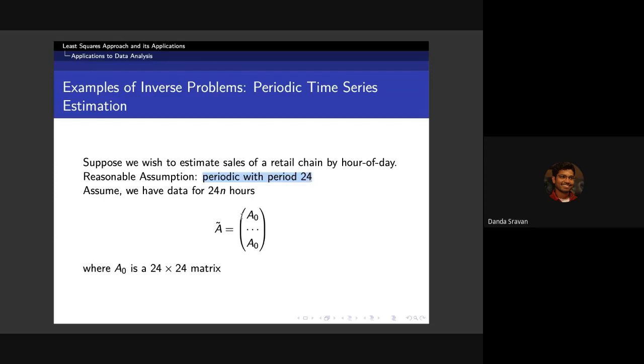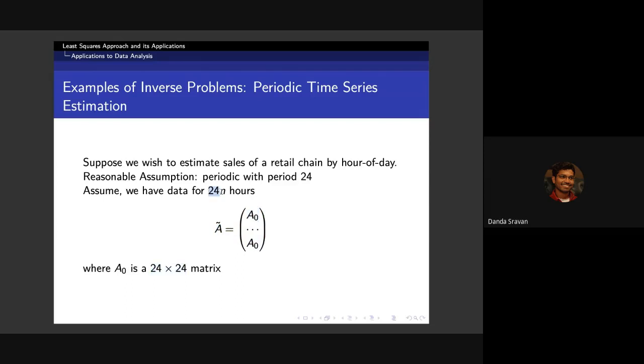So we assume that the model is the same across each of the days, which means I assume that my y is a simple function of A naught x plus some kind of error. If I do that, I can stack my data model this way. Each A naught is a 24 by 24 matrix.